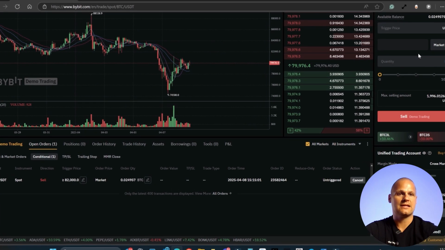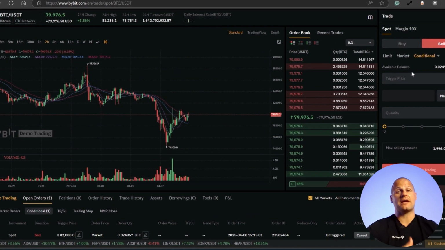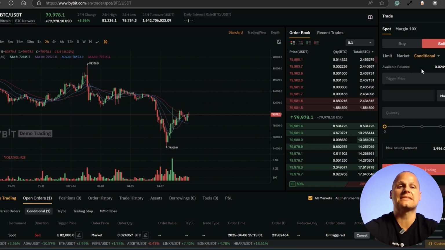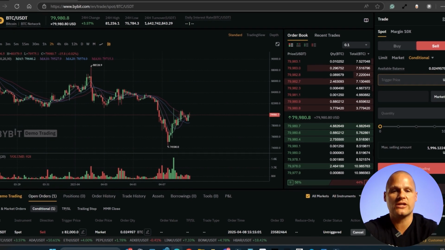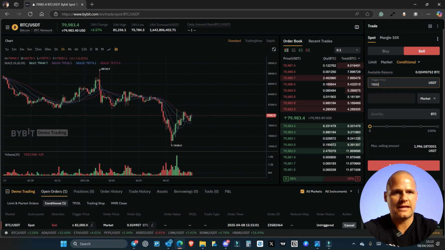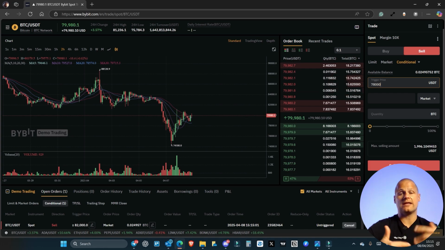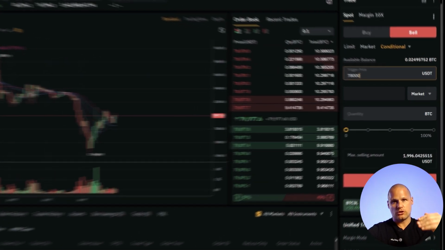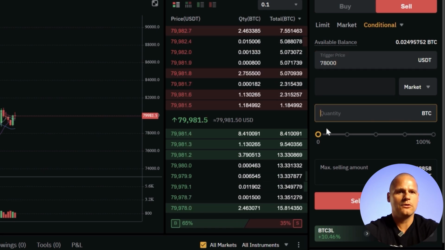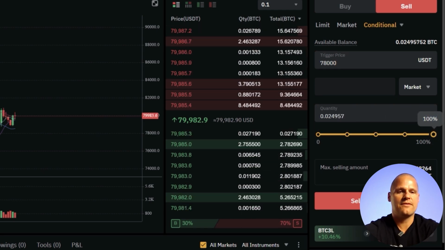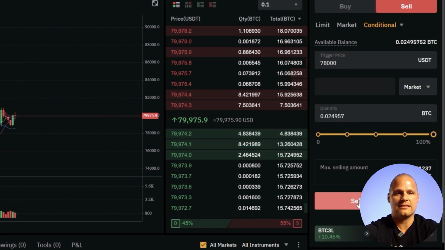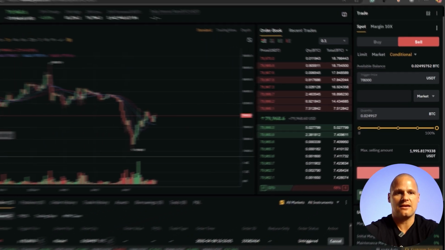be sold. And again, if you want to set up a stop loss, it basically will be a sell again, but the trigger price will be, let's say, 78,000, because I bought at 80K. So if the price drops to 78,000, I want to sell everything again in here. And I will simply set sell.